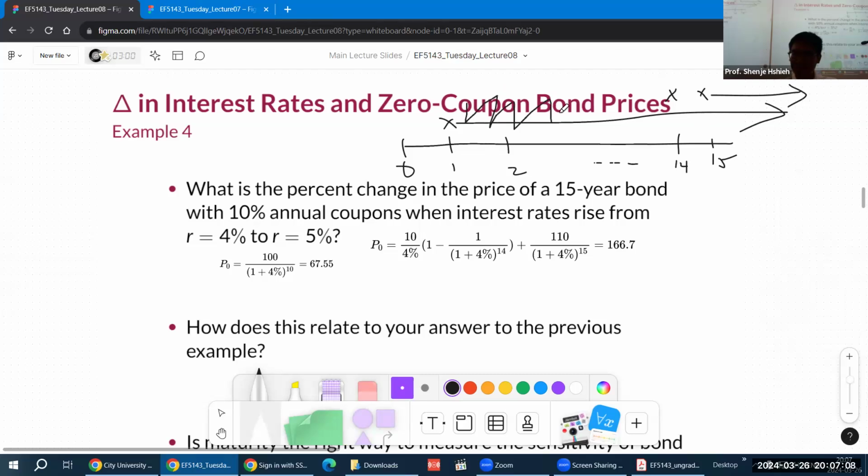So all that matters is actually this part here, which is this term here, right? That's your annuity math that you learned last semester. Okay. And then one final bullet payment, right? That's 110 discounted by 15 years. And then you get 166.7.